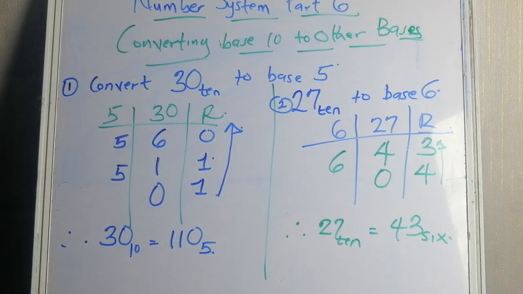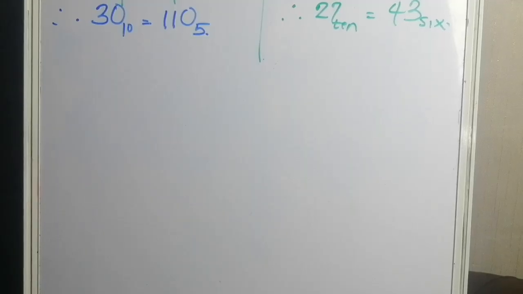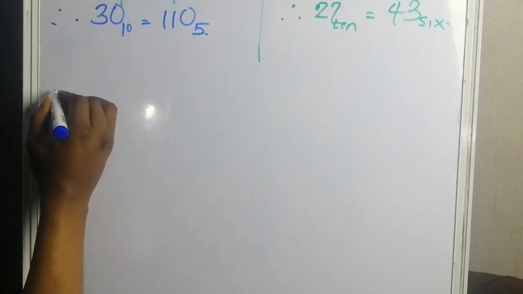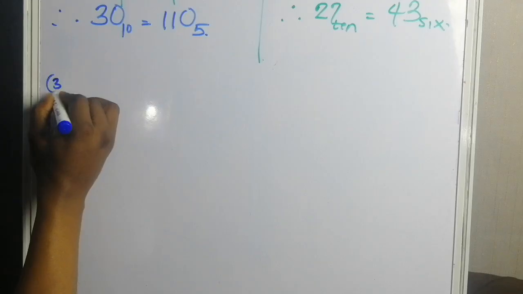So if I want to do it now, let me just give one additional example so that it can be clearer. You can get the understanding. So for us to get the understanding, let me pick one more question here. That's example 3.